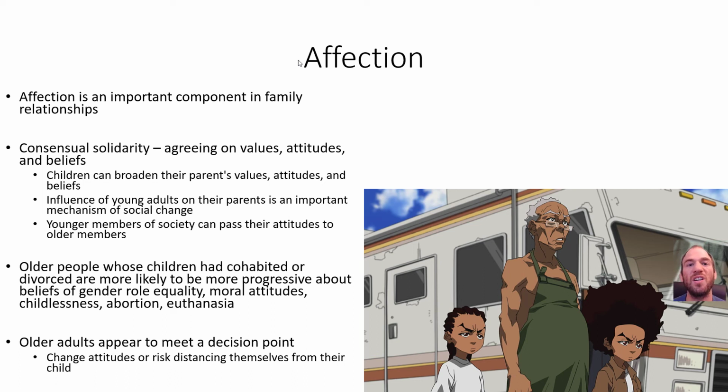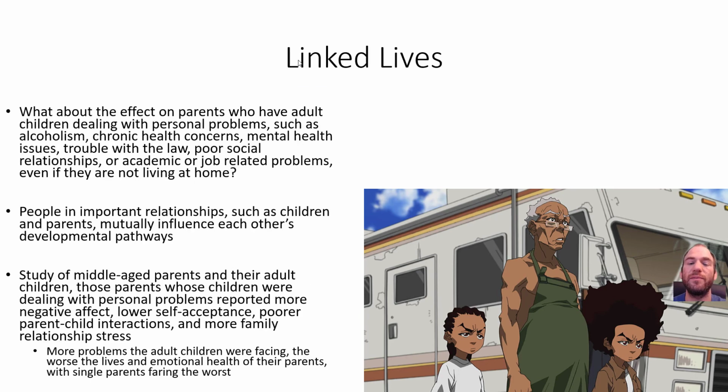And obviously a rocky parent-child relationship is a risk factor for continued instability across development, and that continued instability contributes to poor developmental outcomes in both generations, the parent and the child.